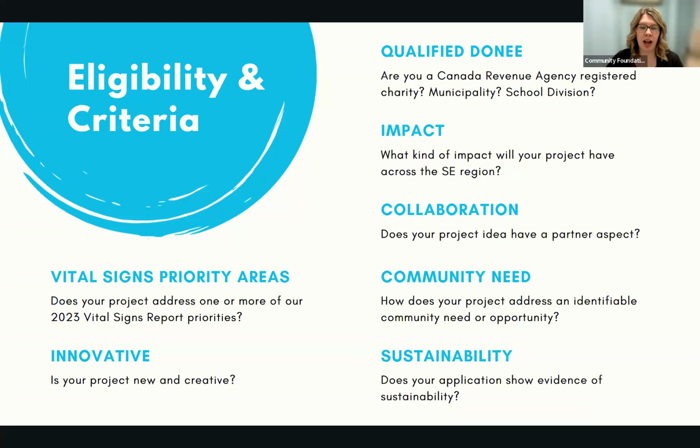If you have a project or a service that's in Southeastern Alberta, you're welcome to apply. But if it's for a Calgary project, it wouldn't be eligible. And then if you have an idea that aligns with our vital signs priority areas, we invite you to apply. So that was on that past slide.